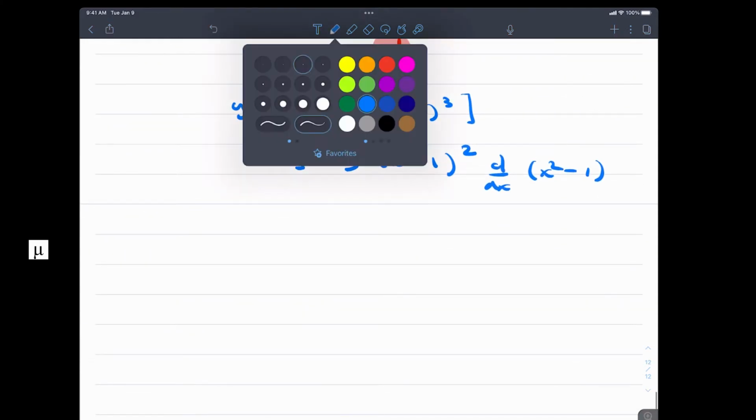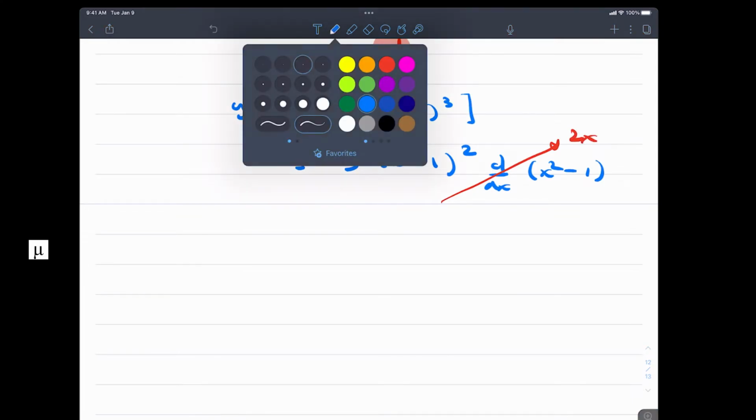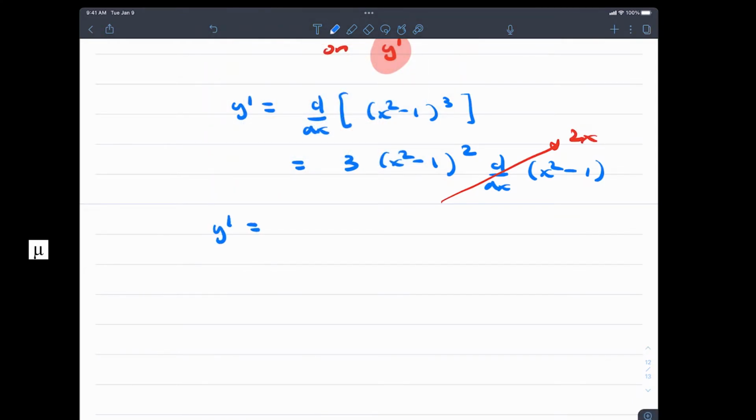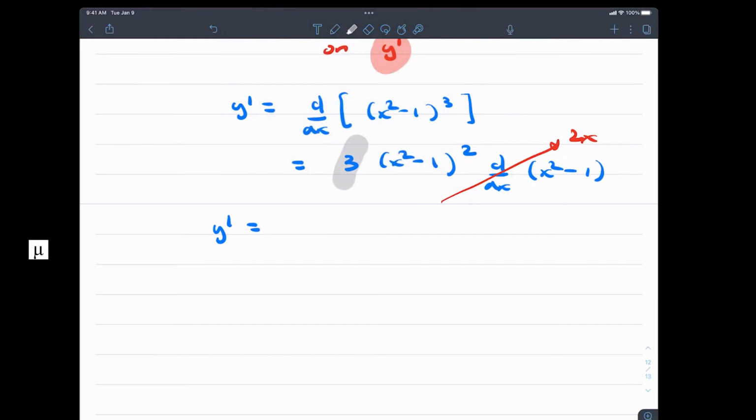What's that derivative? Okay. So put it all together. 3 times 2x gives you what? 6x. Times x squared minus 1 squared. Okay, you guys okay with that?